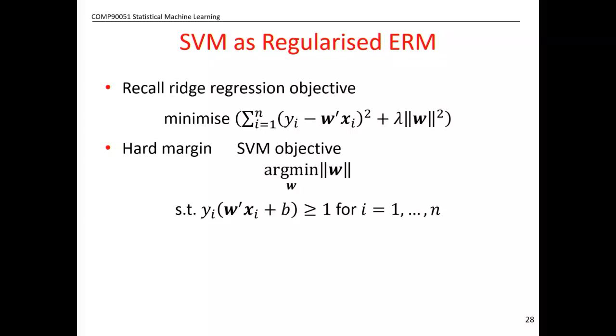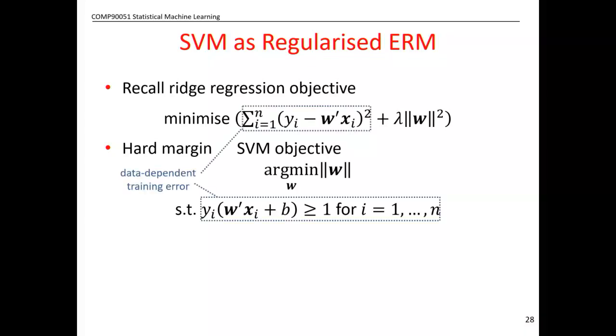You could think of that as also regularizing. And the constraints are like our loss function, except we're insisting that they're always correct. So it's some kind of extreme loss function. Okay, so that's where we're saying we're doing well on the data. And the regularization terms are data independent.